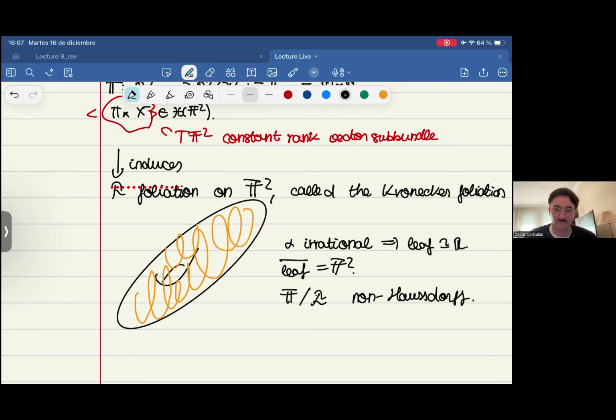Okay, so now we will study this foliation using Lie groupoids, right? And this quotient here is not only non-Hausdorff, it possesses no orbifold structure. And the induced quotient topology is like the trivial topology, which is for sure very bad.